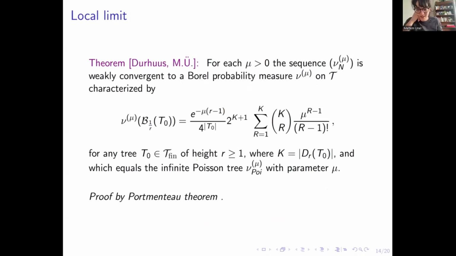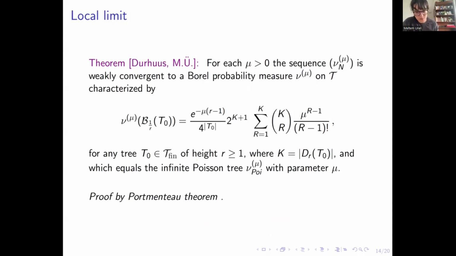The existence of the limiting measure, and the identification of the limiting measure with the one known from another work of Abraham, Delmas and Bouaziz, is given in this theorem.